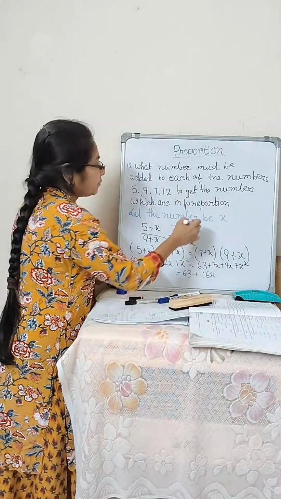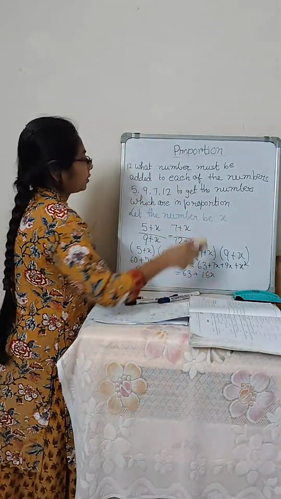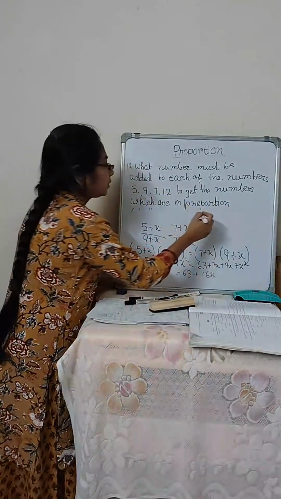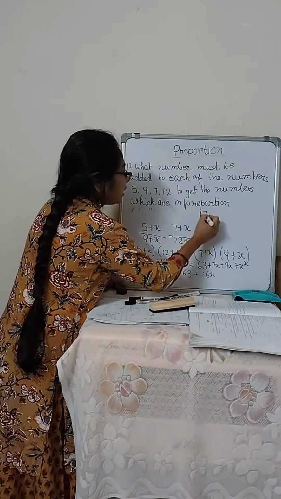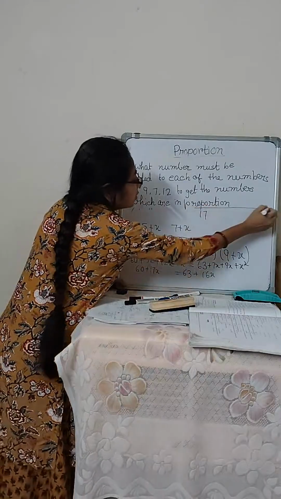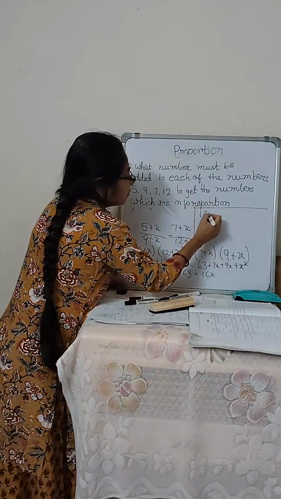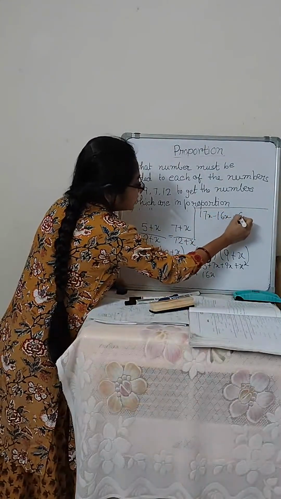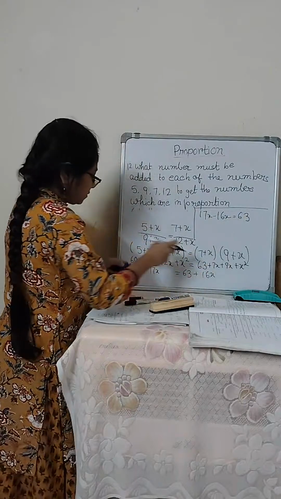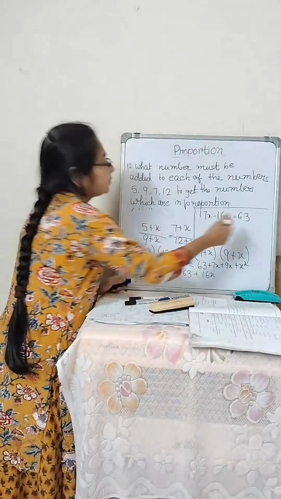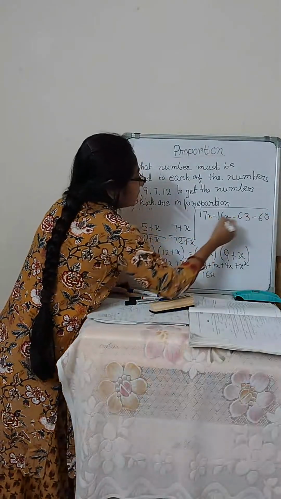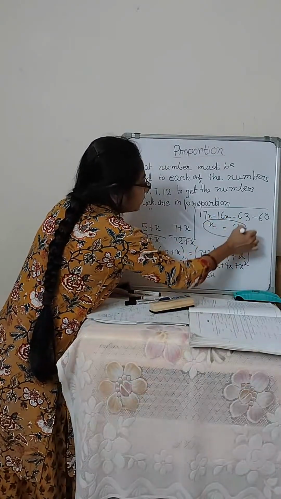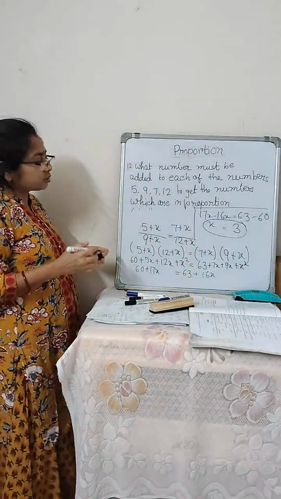Then I do the maths here. 17x minus 16x. I shift the number, 63 minus 16. X is equal to 3.